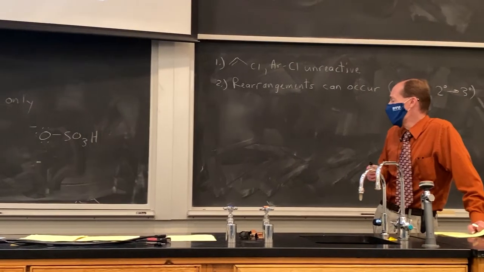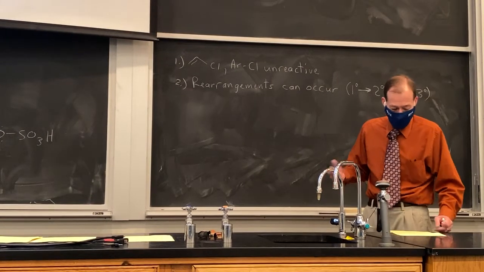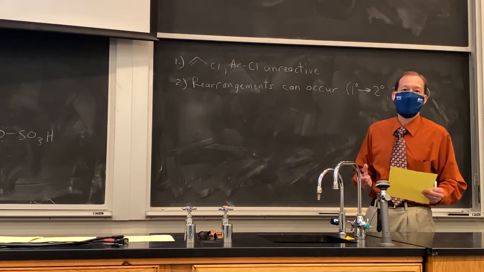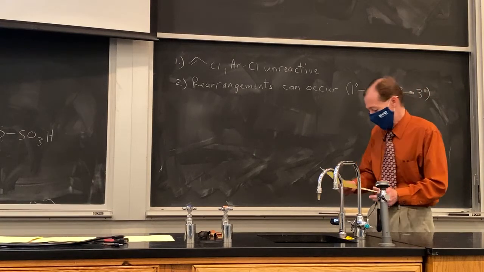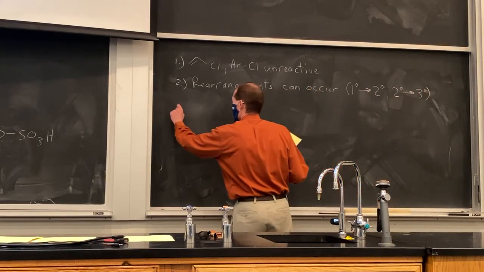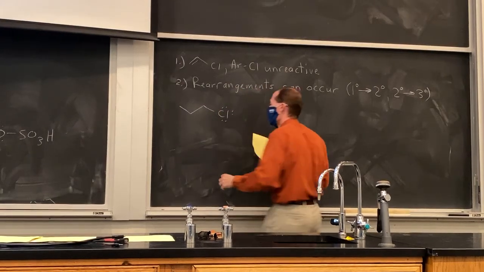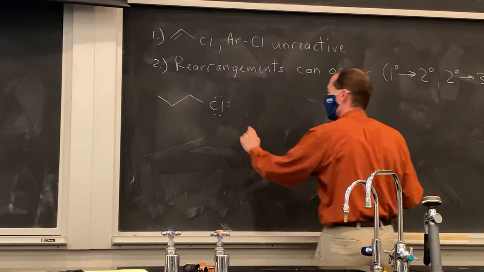So if we use a primary alkyl chloride, and we don't form a primary carbocation, how do we have a rearrangement? We'll show you. So here we have 1-chloropropane.